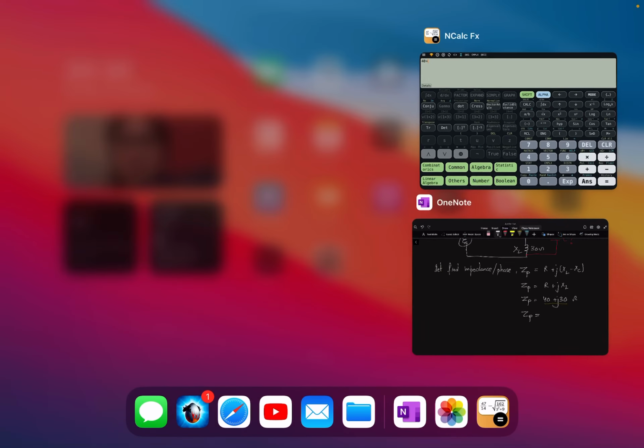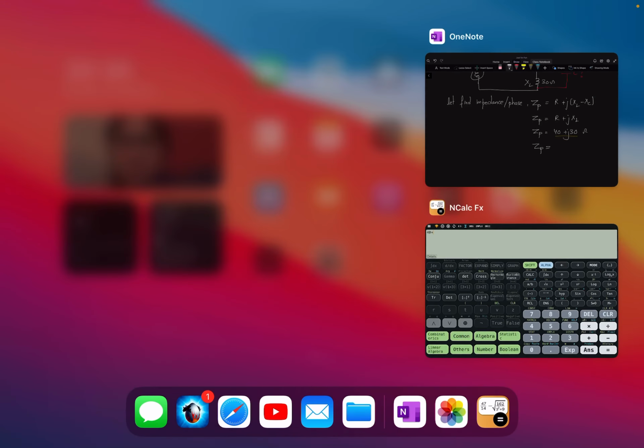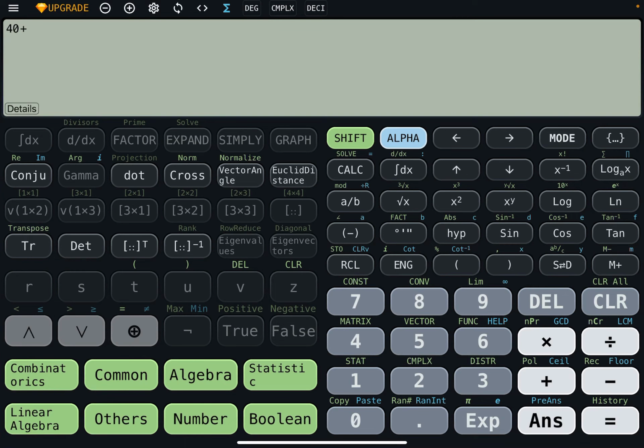If you look here, j is first, but in the calculator the j should be after the number, so you put 30 then j. Since in a calculator there is no j, there is i, because it's a complex number, so you have to put i. This is the i which you're looking at. Once you have this, press equals.